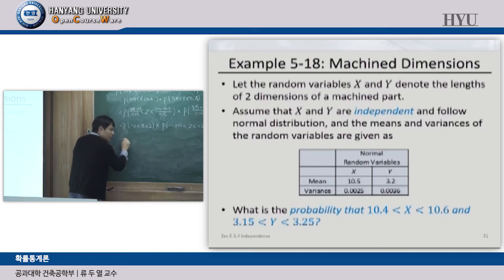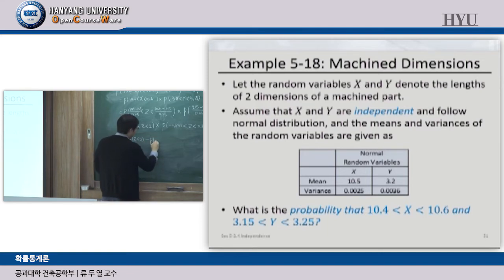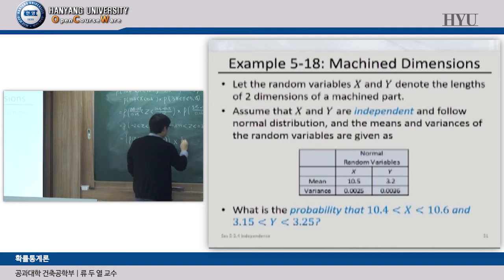And this can be written as the probability of z smaller than 2 minus the probability of z smaller than minus 2, okay, do you remember that? Multiplied by the probability of z smaller than 0.833 minus the probability of z smaller than minus 0.833.